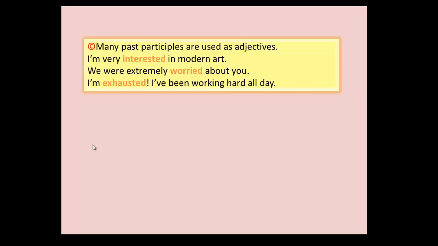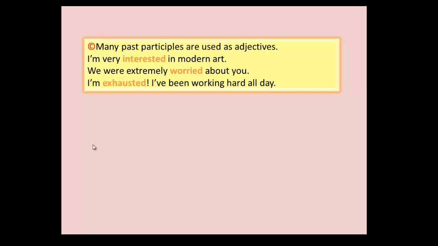Now we have a notice. Many past participles are used as adjectives. Here we have to differentiate between the past participle as a verb and the past participle as an adjective, because many past participles are used as adjectives, as in the following examples: I am very interested in modern art.